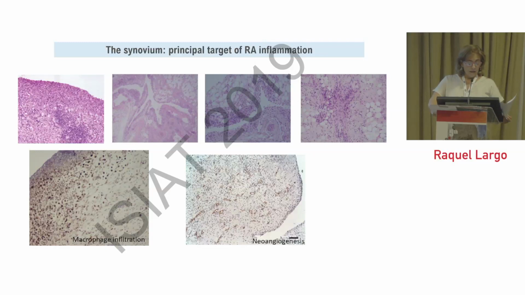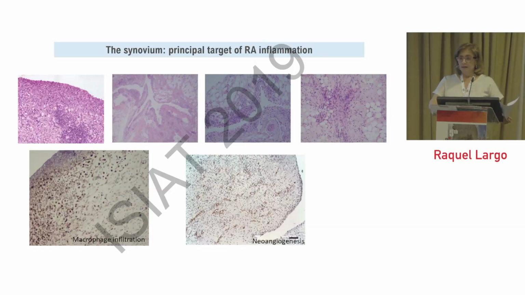And when we look at the tissue in rheumatoid arthritis patients, we can see hypertrophy of the lining layer with a significant increase in the number of cells, and also a destruction of the sublining stroma with accumulation of infiltrating cells. You can see some examples here.